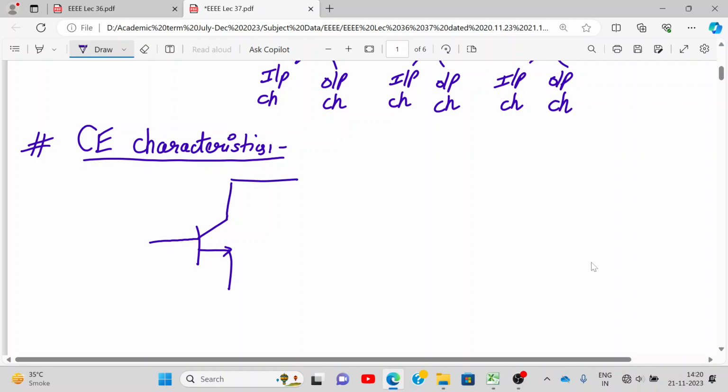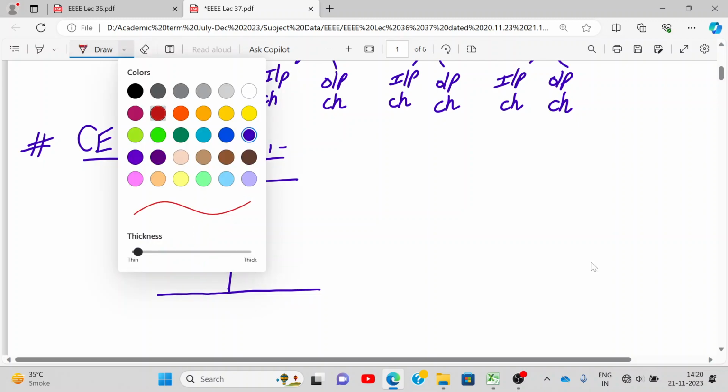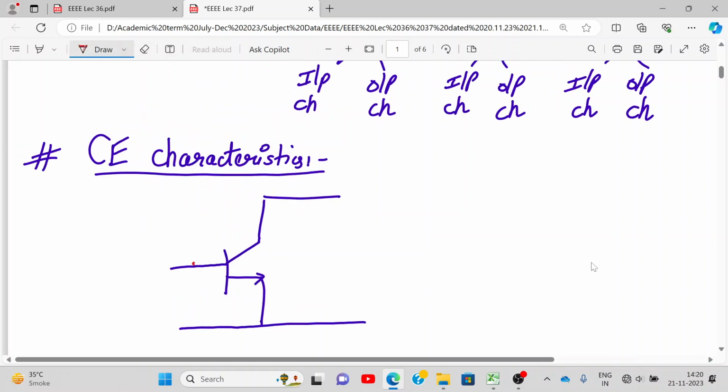Actual will involve some resistors also. So this is my BJT. This is my base terminal, this is my collector terminal, and this is my emitter terminal. Now in common emitter, the emitter is common between input and output. This is my input, from here to here, and this is my output.